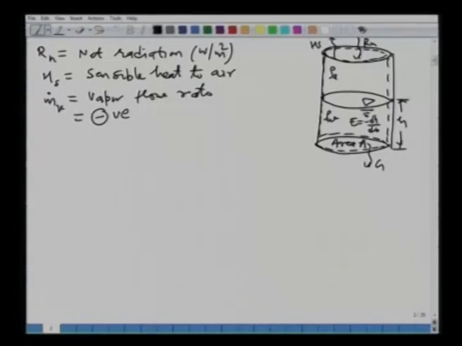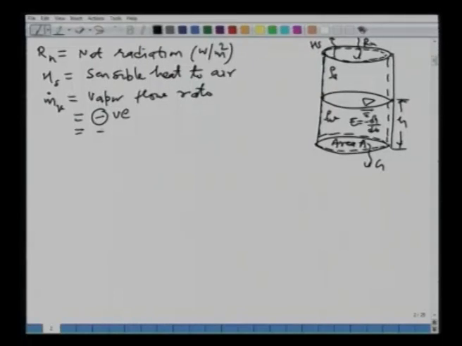What do we mean by that? The amount of liquid or the total volume of liquid in the pan is decreasing as a function of time, because water is getting evaporated. And we will take this as positive for gas. This is for liquid and this is for gas or vapor. So, m_v dot is the vapor flow rate.